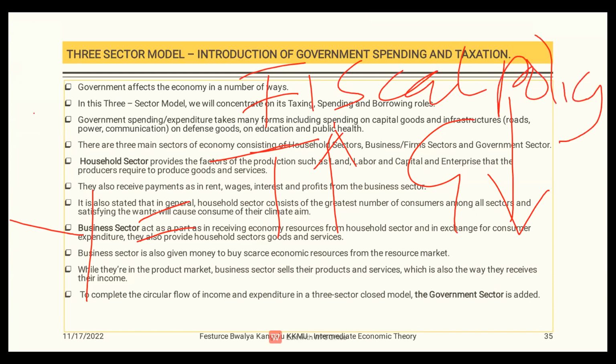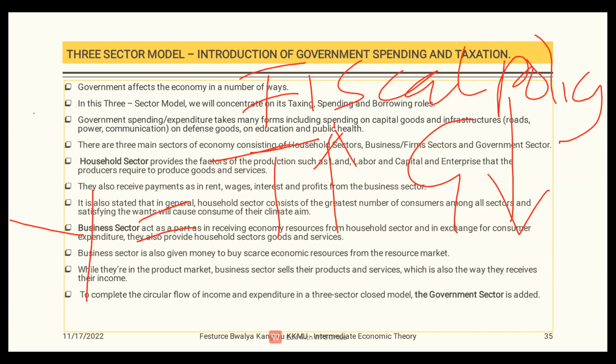Yes, I am. That's the fiscal policy. The government is controlling how much it raises as taxes and how much it spends as its expenditure. That is the fiscal policy, the decision by the government on how much to spend and how much to raise as revenue through taxes.